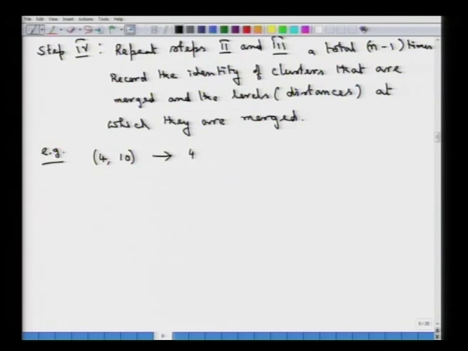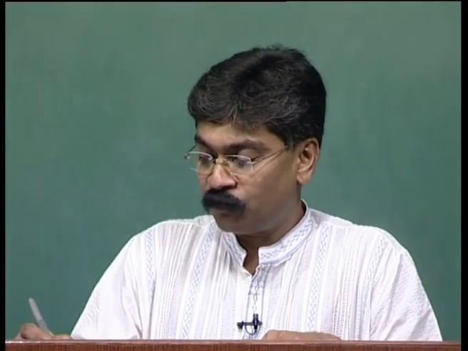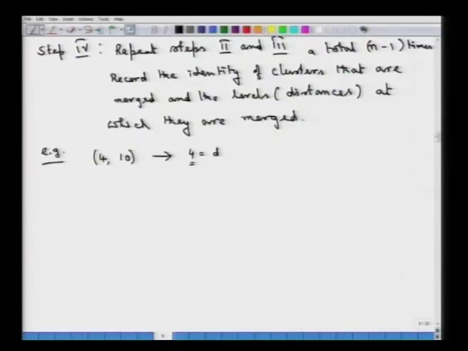So suppose case number 4 and case number 10 are the first to be merged at a distance level 4. Now this would be the distance between case number 4 and case number 10 surely. Now say at the second step we have case number 2 merged with case number 15 at a distance level of 6. This would then correspond to the distance between case number 2 and 15.